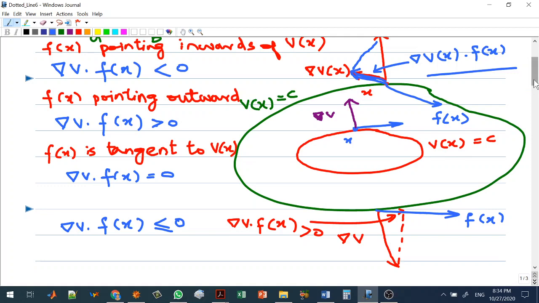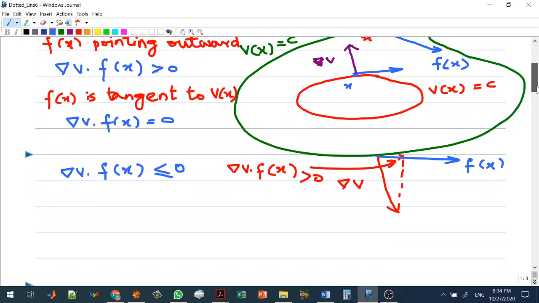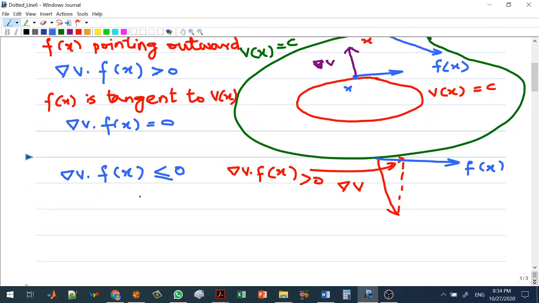If it is less than 0, it means the trajectories on the boundary of region V are pointing inwards, whereas if this is equal to 0, then the system trajectories are actually tangent to the curve V at its boundary.